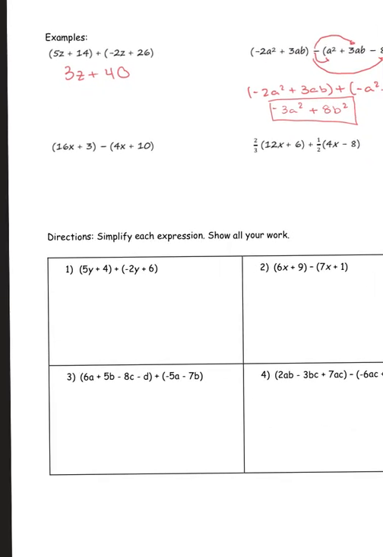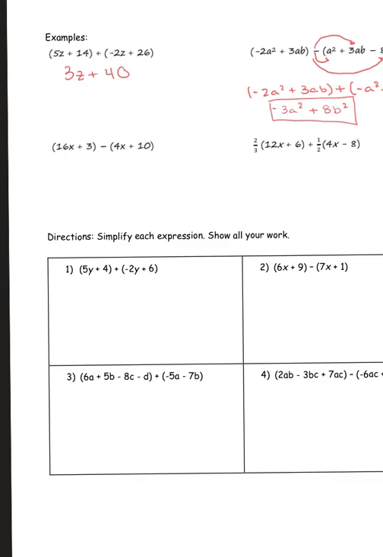I have 16x plus 3 minus 4x plus 10. Again, I am going to combine my like terms. Again, it's a subtraction. So again, for me, I like to go ahead and distribute my negative. That's something that I remember to do all the time when I subtract. You don't have to. That's your preference. So again, since this one is a little simpler, I can see that I have 16x minus 4x.